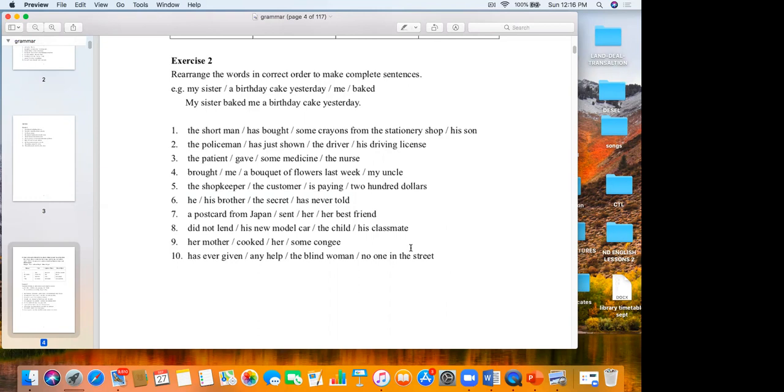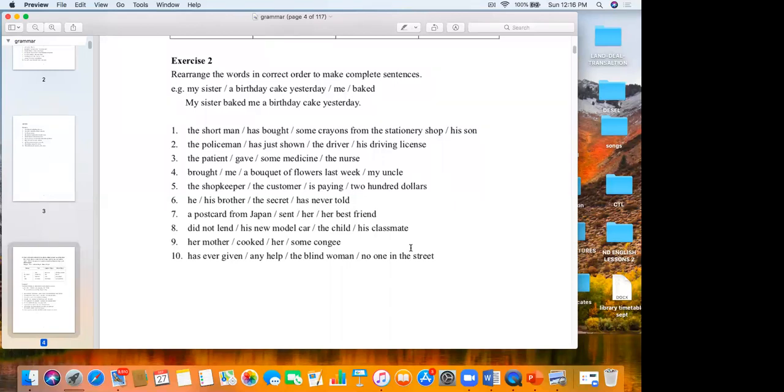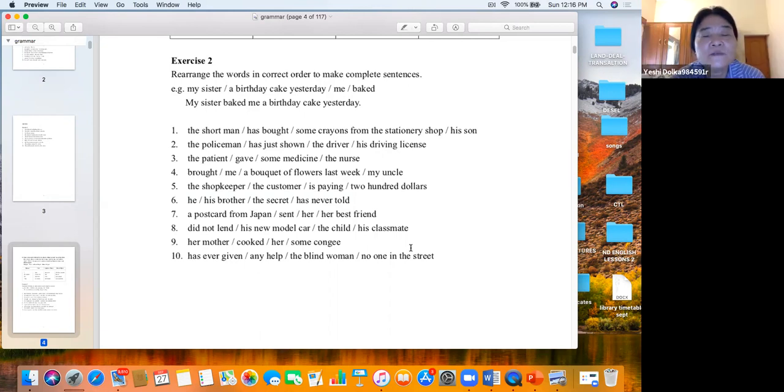The customer is paying the shopkeeper $200. Yes. What about number 6? He has never told his brother the secret. Very good. He has never told his brother the secret.